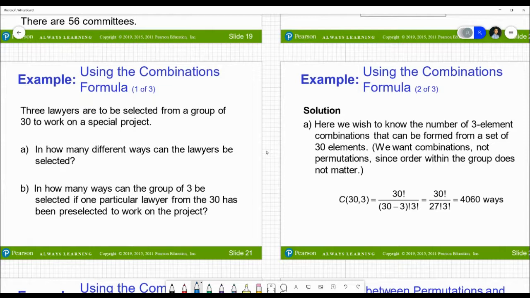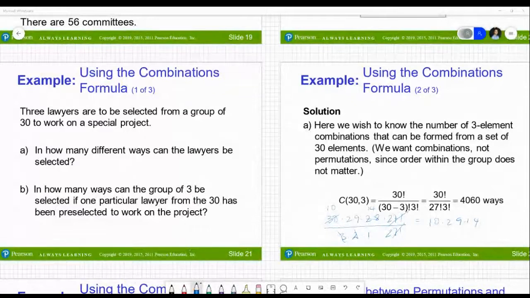Okay. So let me write it out for you. Here I can cancel this 3 with the 30, so I got 10 here. This 2 with the 28, that's 14. So all I have to do is take 10 times 29 times 14. And I got 4060.